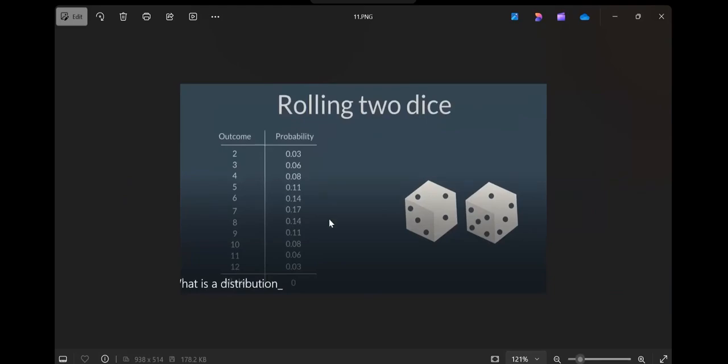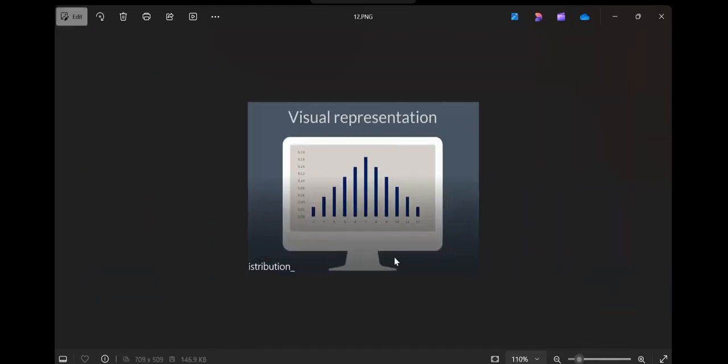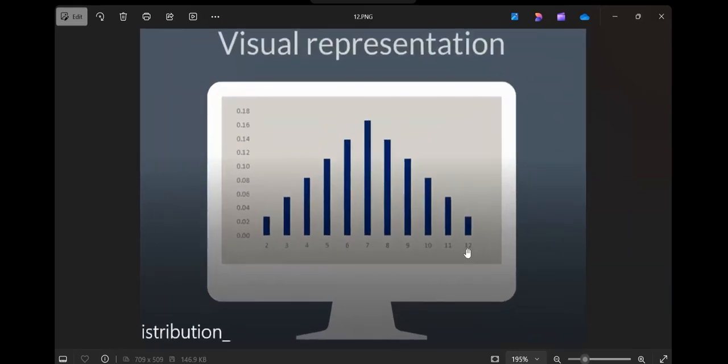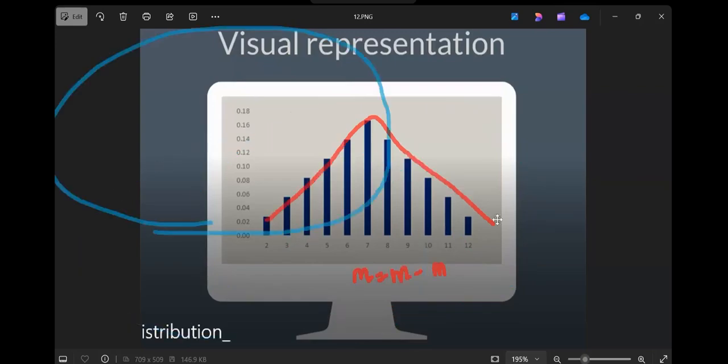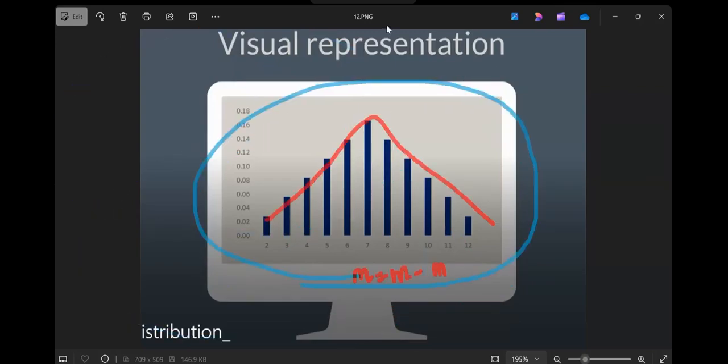If I plot this, how many sides? 12 sides. 2, 3, 4, 5. What kind of distribution? Normal distribution or not? In a normal distribution, what do we get? Mean equals median equals mode. Guys, I hope you're clear now.